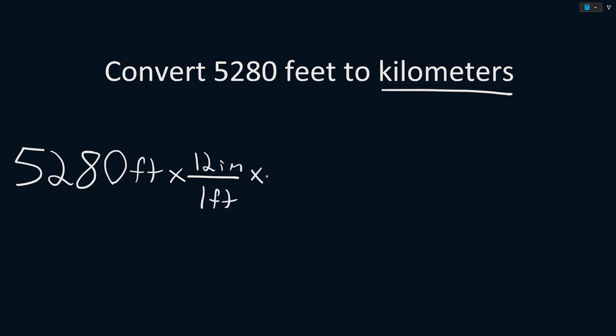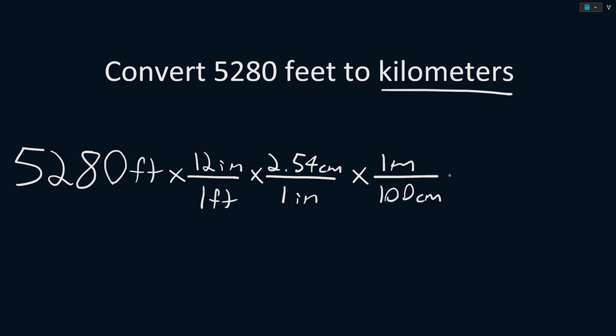Now we can convert inches to centimeters by using our conversion factor of 2.54 centimeters for every 1 inch. Then we can convert centimeters to meters by multiplying through our conversion factor of 1 meter is equal to 100 centimeters. Finally, we can convert meters to kilometers by using the conversion factor that 1 kilometer is equal to 1,000 meters.